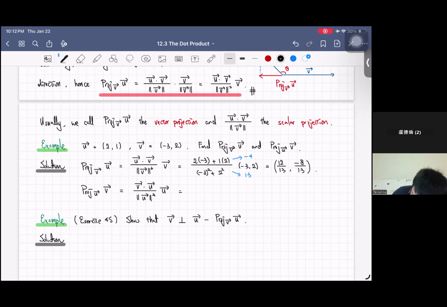This is the same: minus 4 divided by u squared, so that's 2 squared plus 1 squared, which is 5, and you have (2, 1). So that'll be minus 8 divided by 5 and minus 4 divided by 5. So you see that the projection of u on v and v on u is different. So be careful with that.